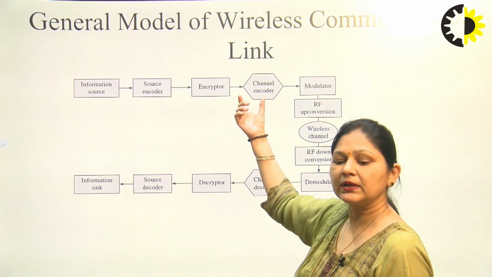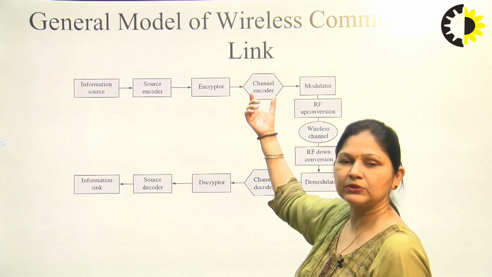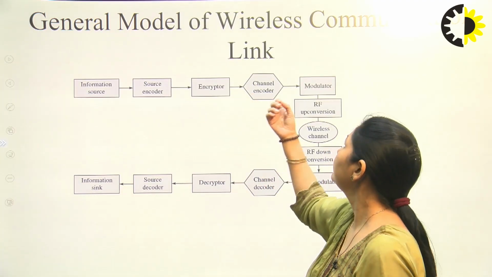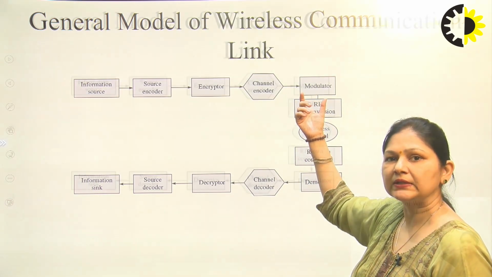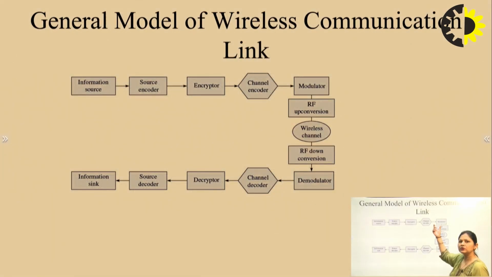For transmitting the data into the channel, we have a channel encoder. Then the foremost important requirement, the modulation of the signal so as to be transmitted over a longer distance. As it is to be transmitted through a wireless channel, we have to transmit it at a higher frequency. That's why we have a radio frequency conversion circuit, up conversion, so as to up convert the frequency.